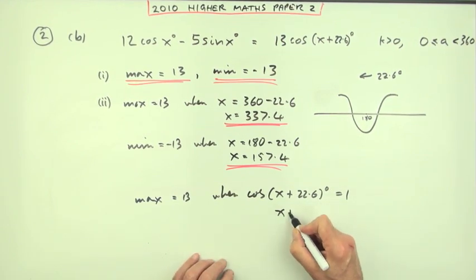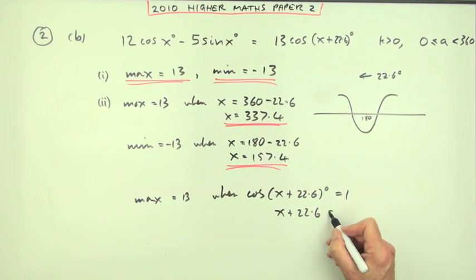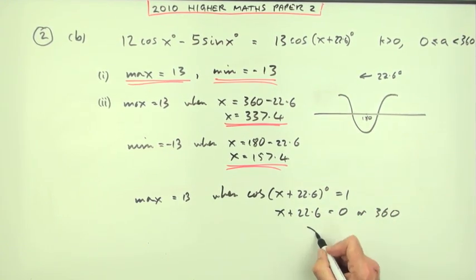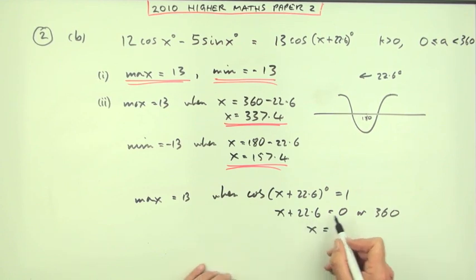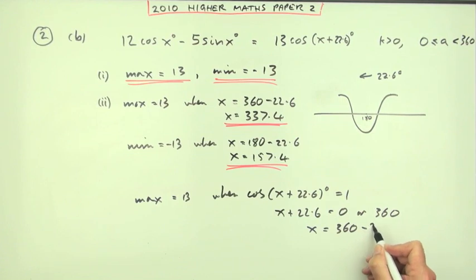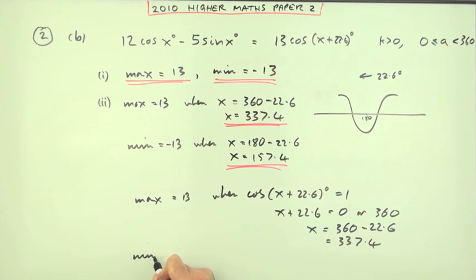And that happens when x plus 22.6 equals either 0 or 360. And from that, that means x equals, now taking that off of that makes it negative, and then we're back to this, 360 minus 22.6, which is the 337.4.